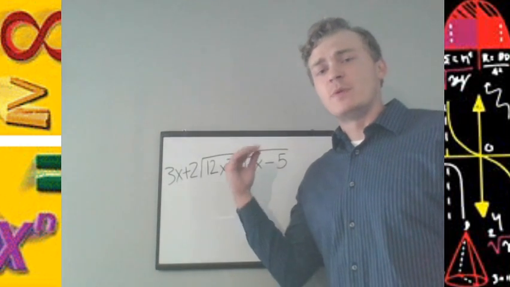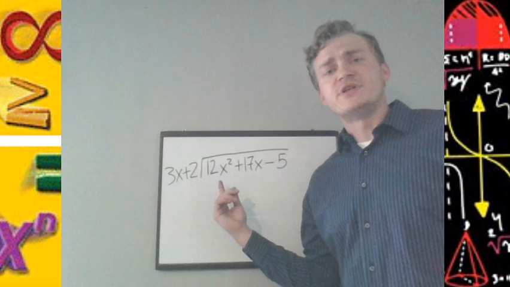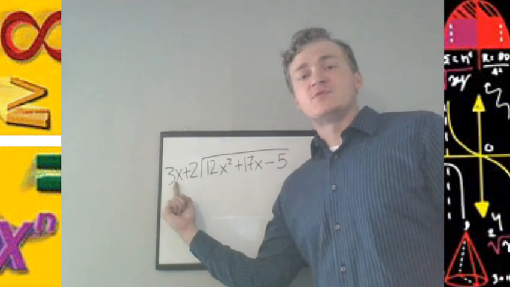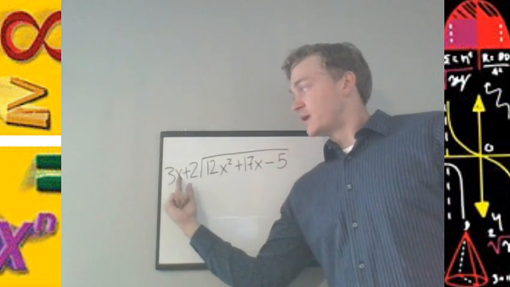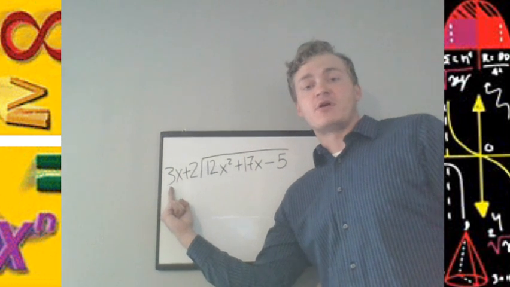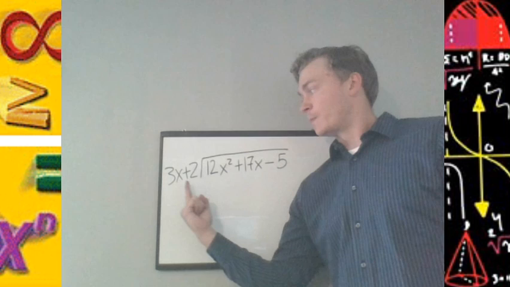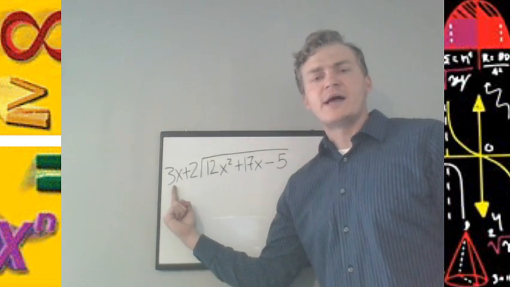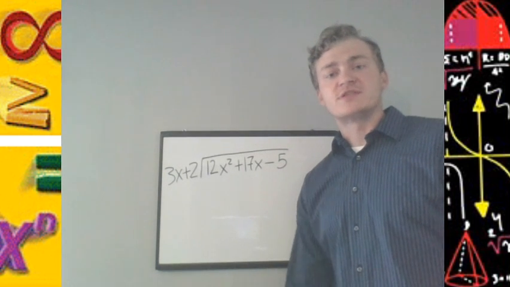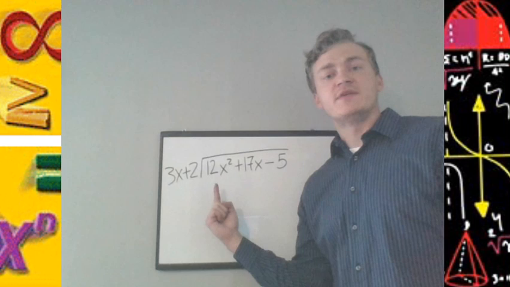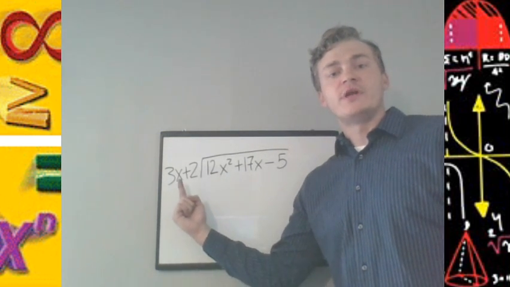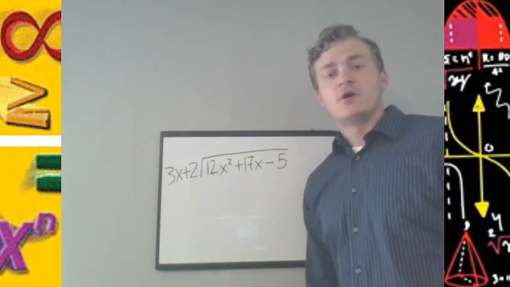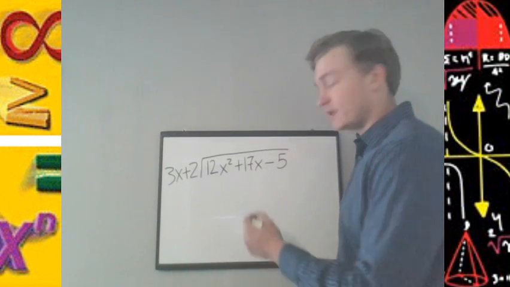Just think about things that we would need to multiply in order to get to here. How many times would 3x, looking just at the first term here, the largest degree, dividing the 3x into the 12x squared, what do we need to multiply to 3x in order to get 12x squared? 3 times what gives us 12? And then what do we need to multiply to x to get x squared? Well, again, we can see this by dividing.